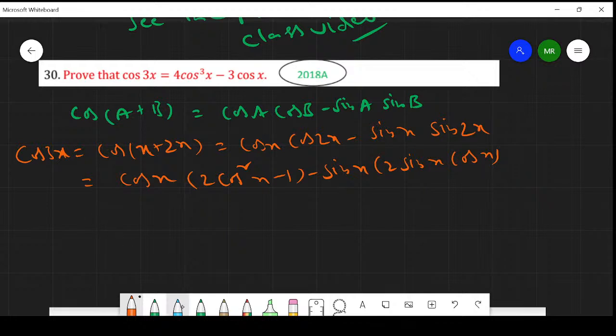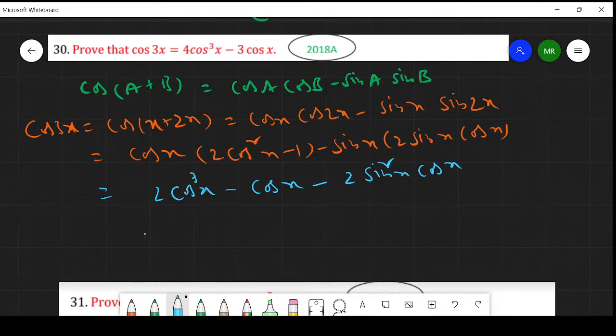Now you simplify this. If I multiply this, what comes? 2 cos cube x minus cos x, minus 2 sin square x into cos x. Everything we want in terms of cos only, so replace sin square x with 1 minus cos square x.